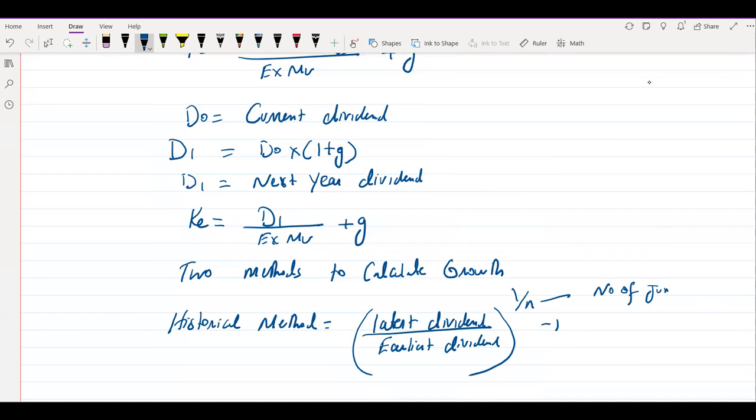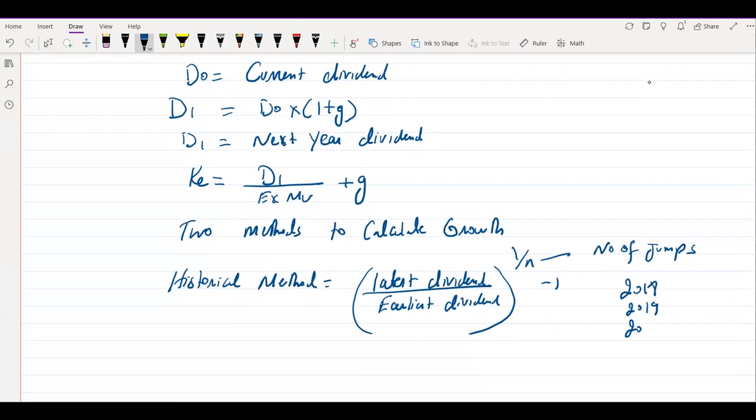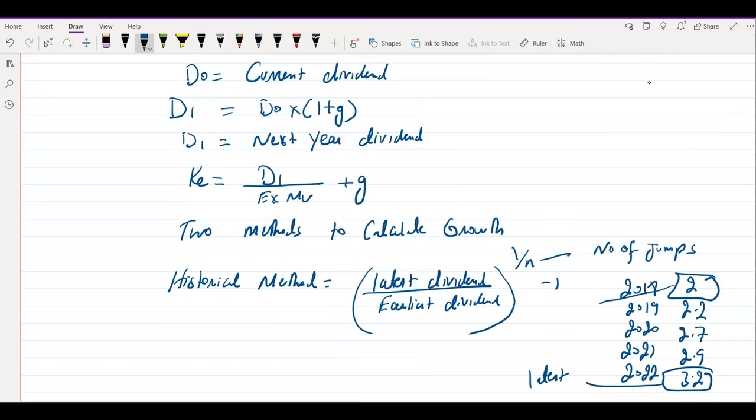If these are the years and the dividends are 2, 2.2, 2.7, 2.9, 3.2, this is the latest dividend and this is the earliest dividend.